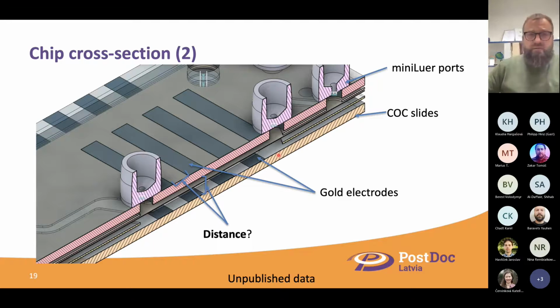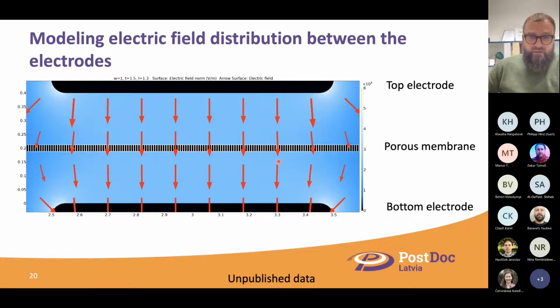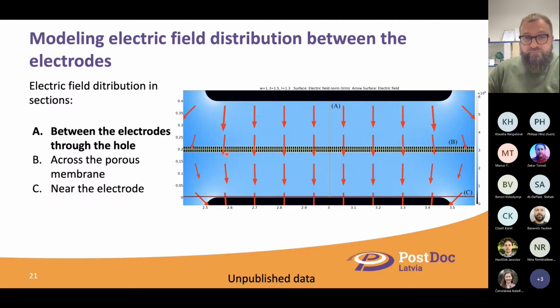Actually, these electrodes are sputtered on the COC slides, one on each side. In such a scenario, it forms a treatment chamber. But as you already know, in the middle of this chamber there is a porous membrane, which can act as a barrier for pulsed electric field distribution.